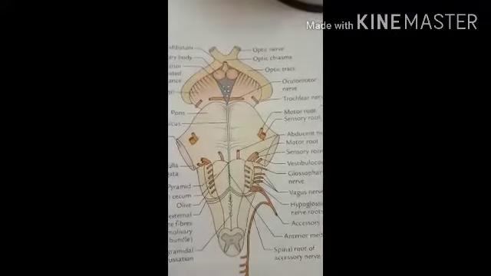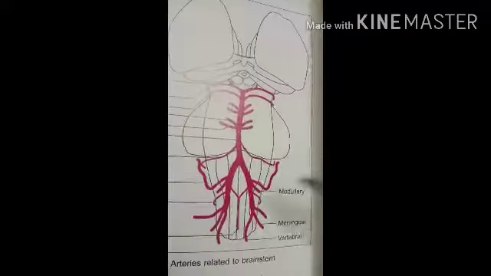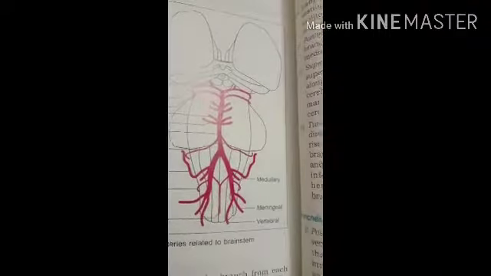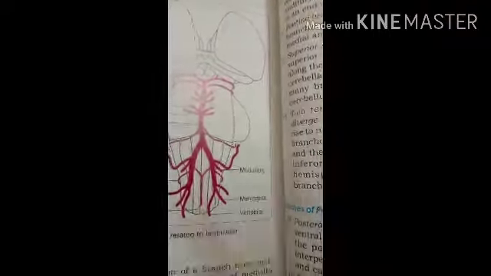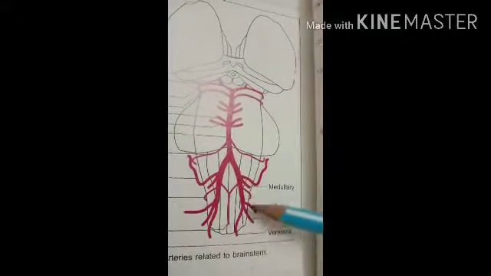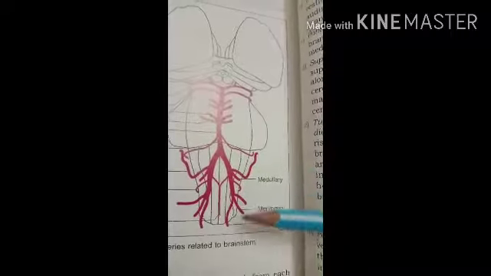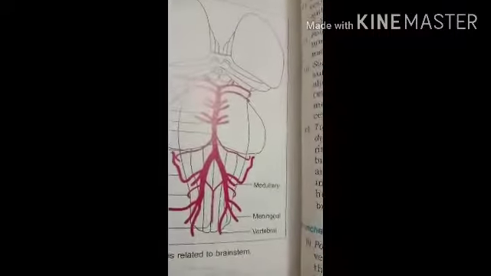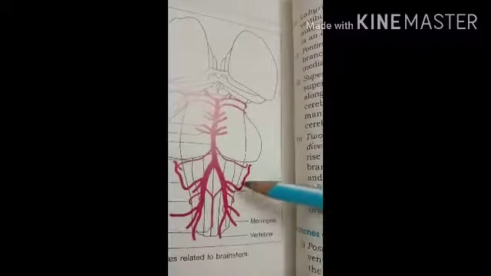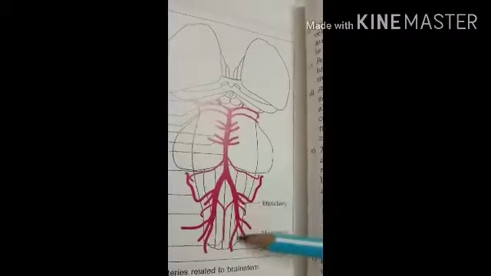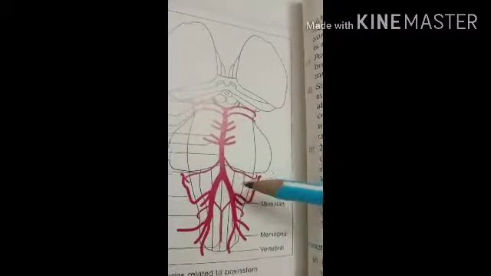The next clinical point is the syndrome of Wallenberg. In this, the direct branch of the vertebral artery, so here you can see the branch of the vertebral artery, supplies the inferior cerebellum, and it also supplies part of the medulla oblongata.